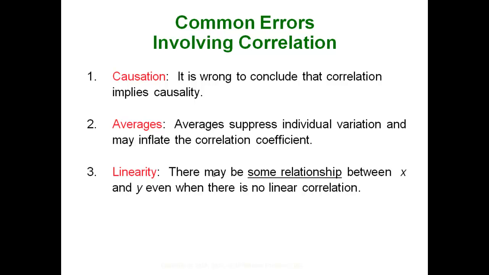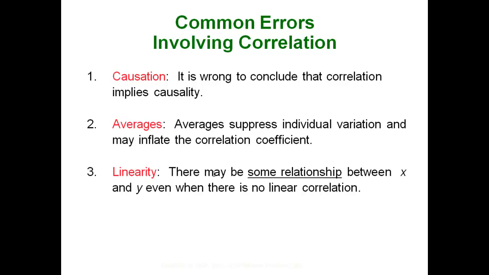Another big problem when people run regression and correlation is if you use averages. Well, averages suppress variation, right? Instead of looking at all the different possible outcomes, you're looking at an average of a set. So you've ironed things out. You no longer have big values and small values, you just have the middle value, the average of everything.